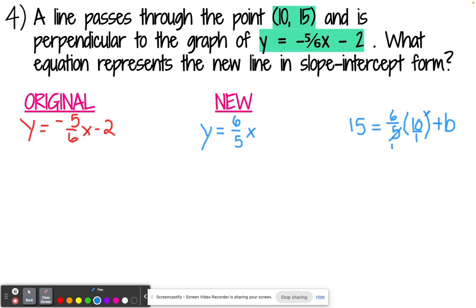This will become a 2. 6 times 2 is 12 over 1, which is 12 plus b equals 15. And my last step here would be to subtract 12 from both sides.